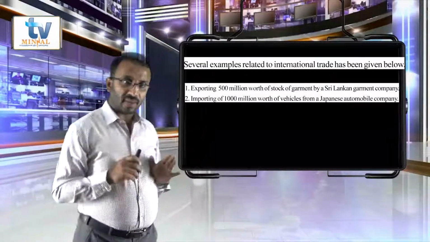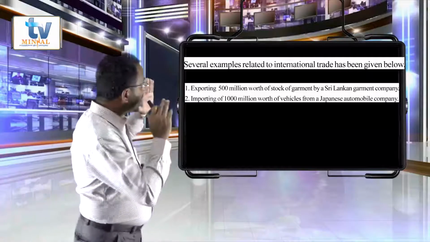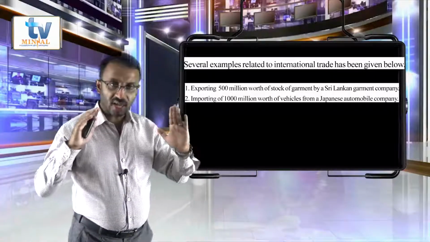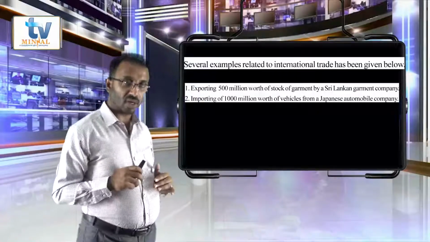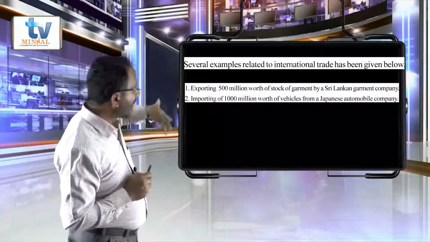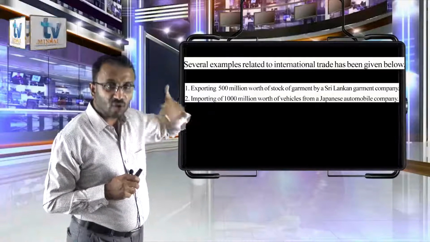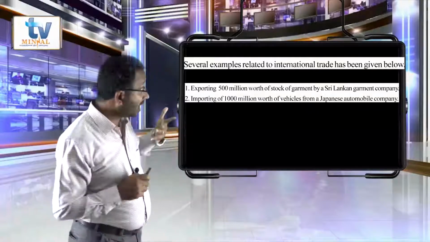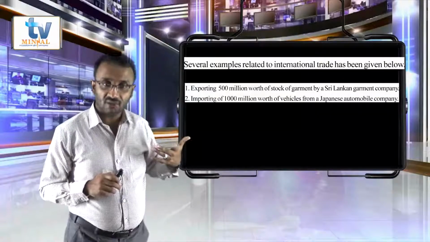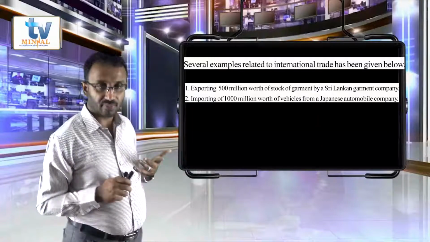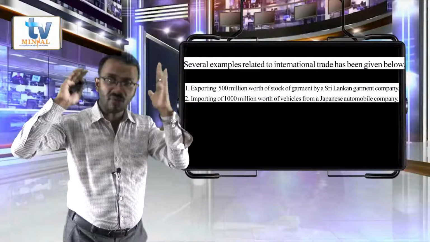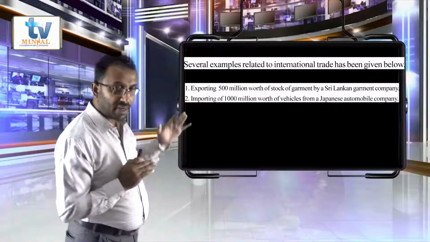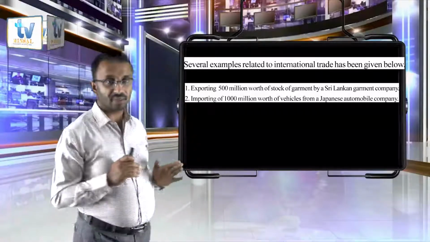Now I can give some examples related to international trade that have been given below. For example, exporting 500 million worth of stock of government by a Sri Lankan government company. Second one, importing 1,000 million worth of vehicles from a Japanese automobile company.